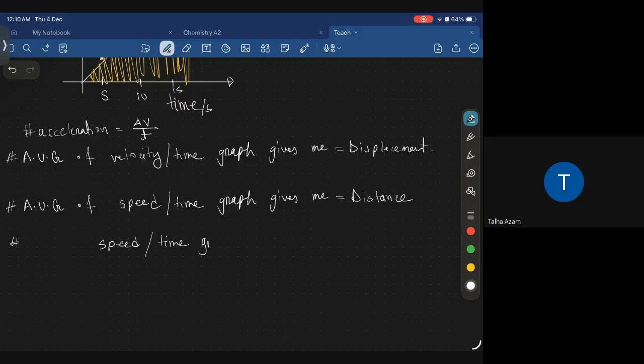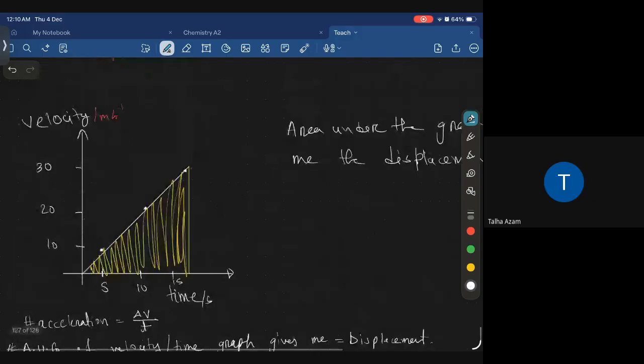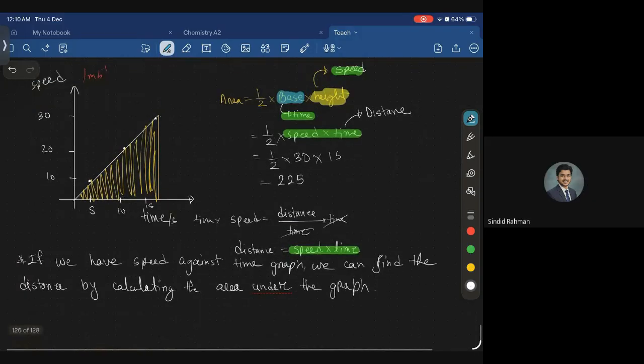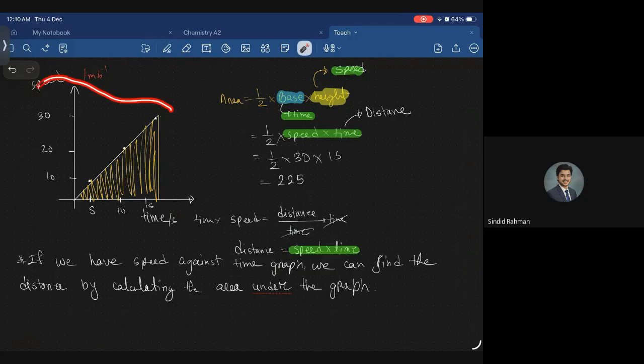The last speed minus the first speed over the time. What do we have to calculate from the graph? You have to get the first speed, the speed at the beginning. I was asking how we can find the acceleration from here. You do 30 minus 0 over 15.